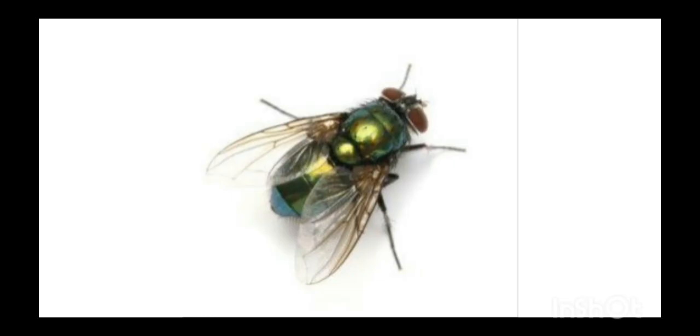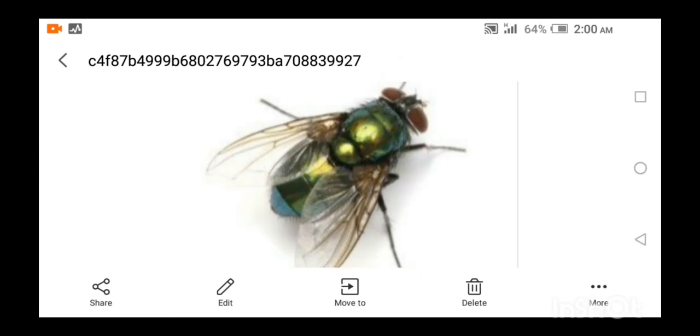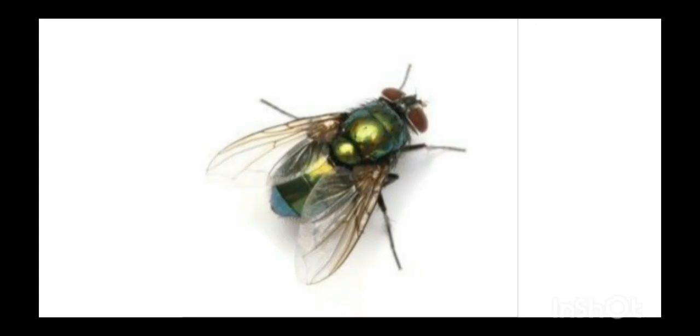Now, another question you may be asked is the observable features of specimen A. What are the observable features? They have three body divisions. As you can see in the diagram, it has the head, the thorax, and the abdomen.